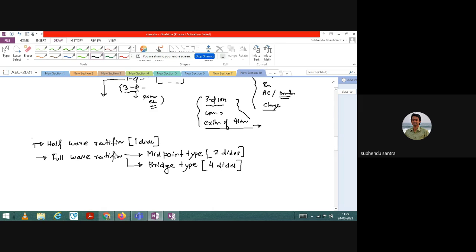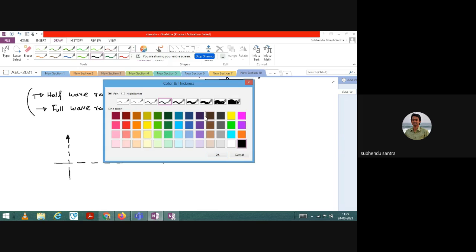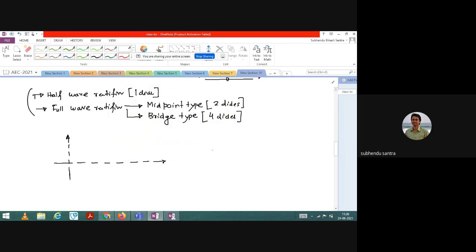Now we will be discussing the circuit diagram and their operation. Before I start, let me ask you, what do you understand by a DC and what do you understand by AC? I have discussed this in one class, maybe it's a repetition, but it is required.